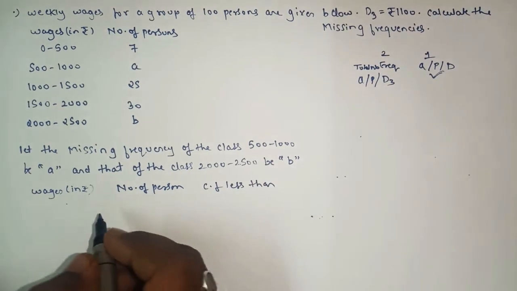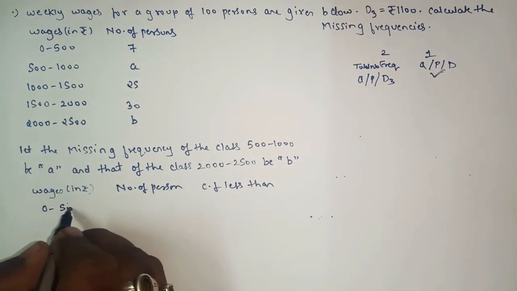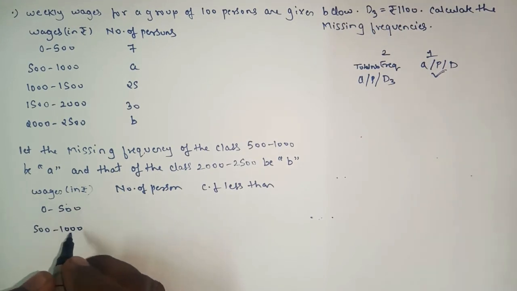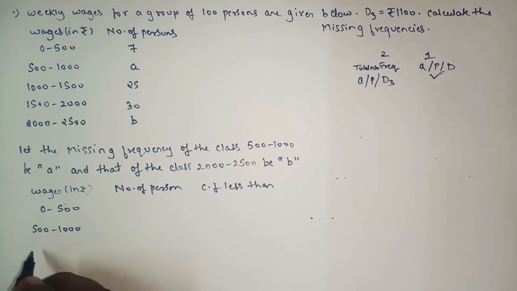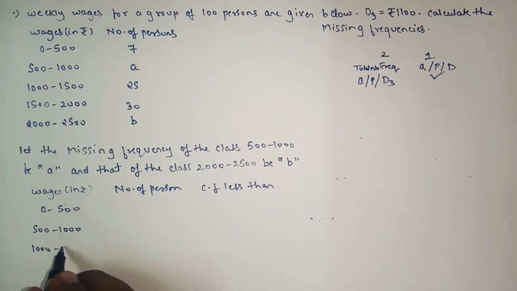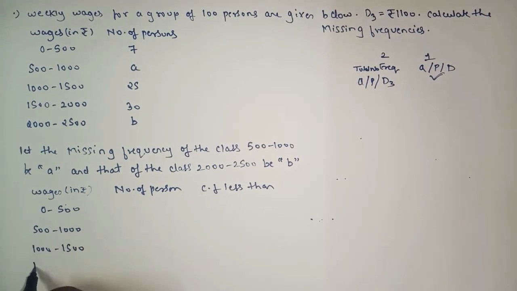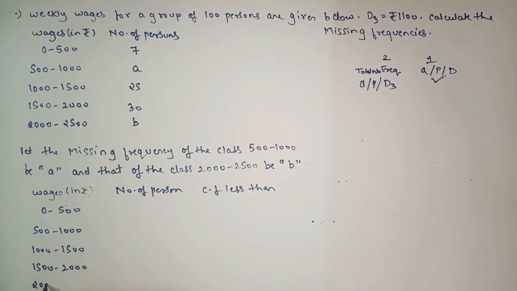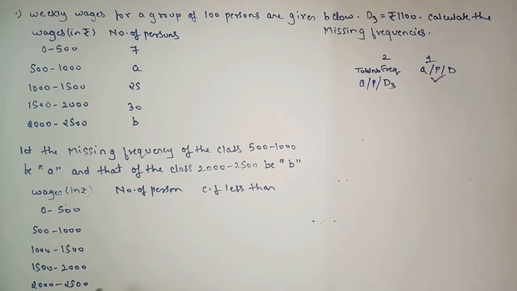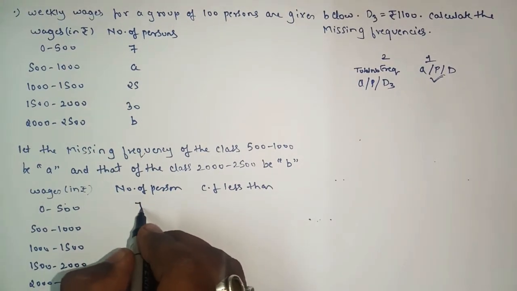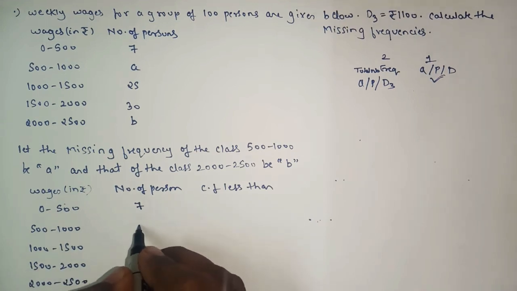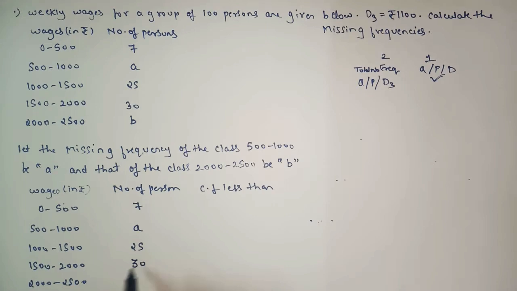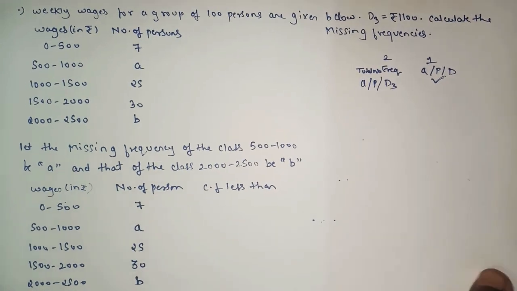So here we have 0 to 500, 500 to 1000, 1000 to 1500, 1500 to 2000, and 2000 to 2500. Here we have 7. For the class 500 to 1000 we took A, then 25, 30, and for the last class we took B.